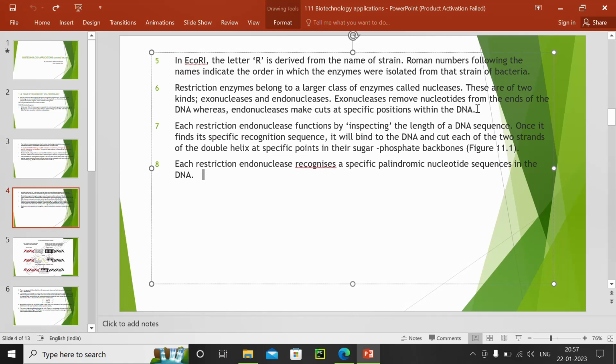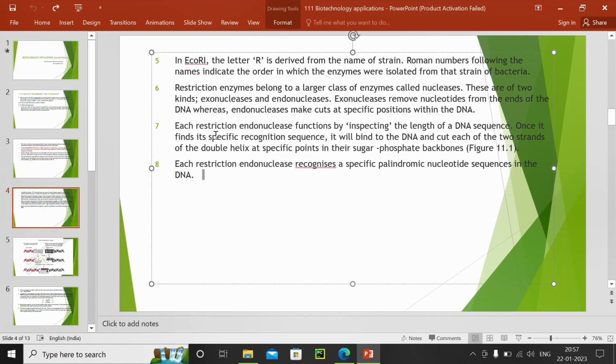Exonuclease removes nucleotides from the ends of the DNA, whereas endonuclease cuts at a specific position of the DNA. So exonuclease is the enzyme responsible for cutting the ends of DNA molecules, whereas endonuclease goes inside the DNA template and cuts at a specific position. Therefore, they are called endonucleases.